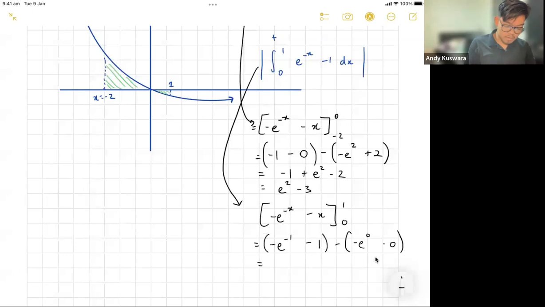So here we've got minus e to the -1, minus 1 plus 1. So it's just that, that's it.